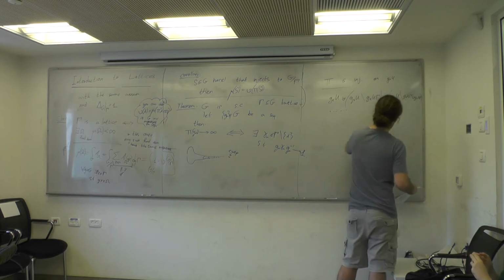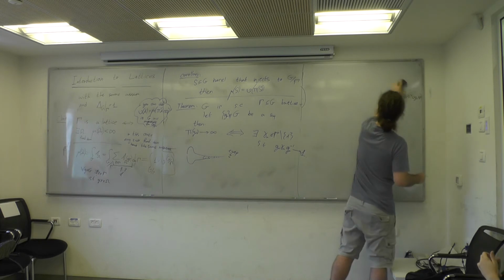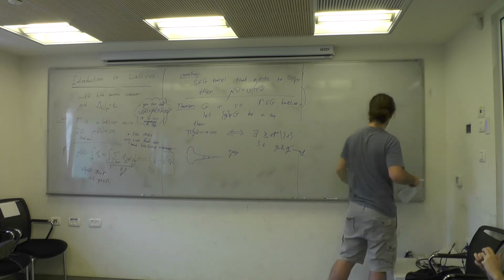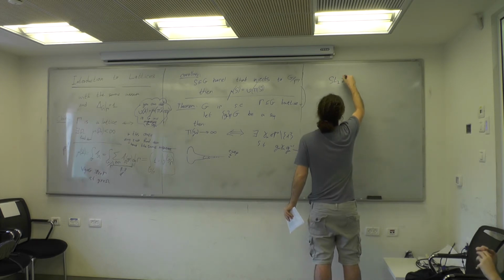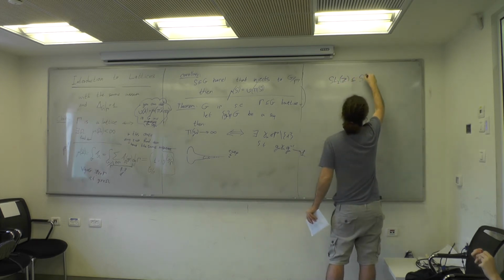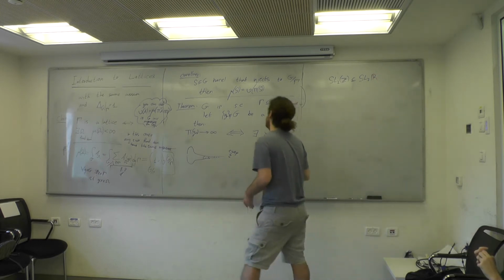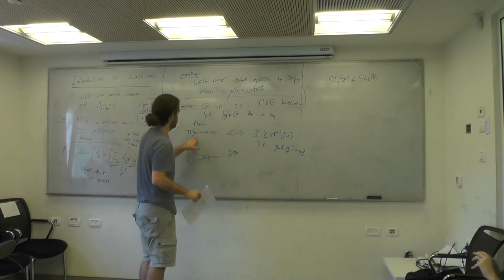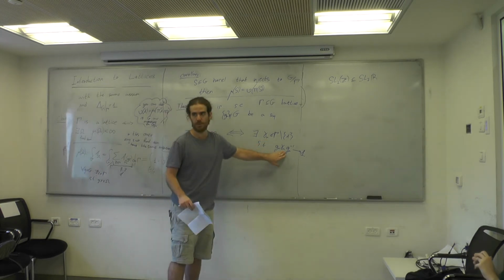So let's return to SL2Z and SL2R. Now let's get some Gn, some gamma n such that this converges to 1.